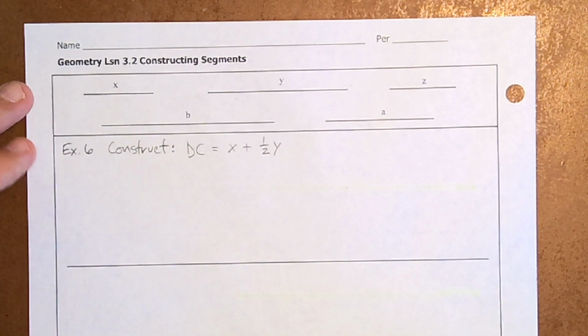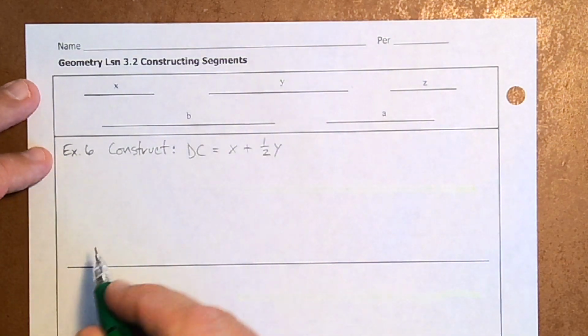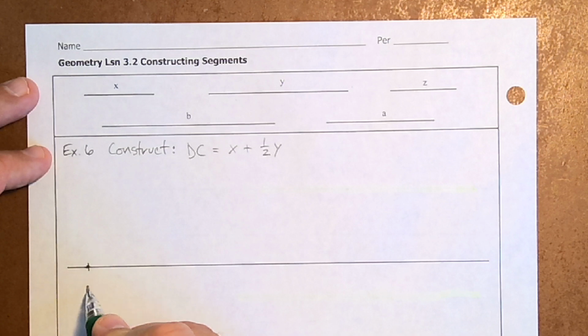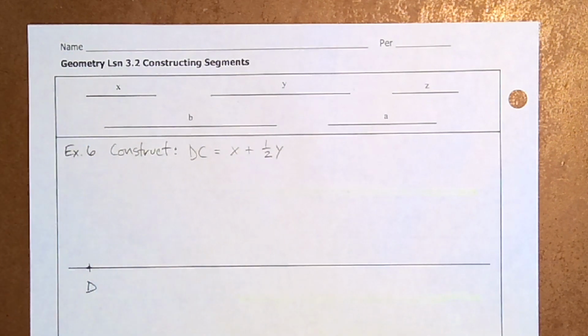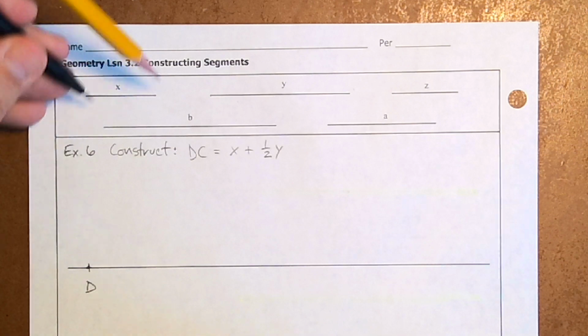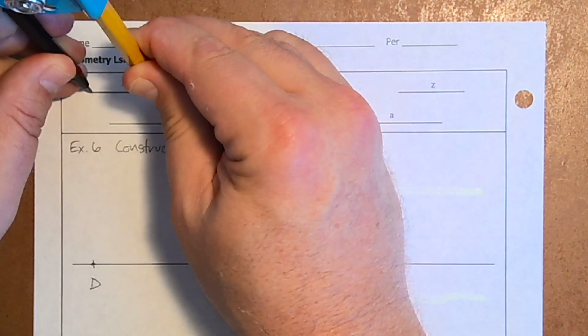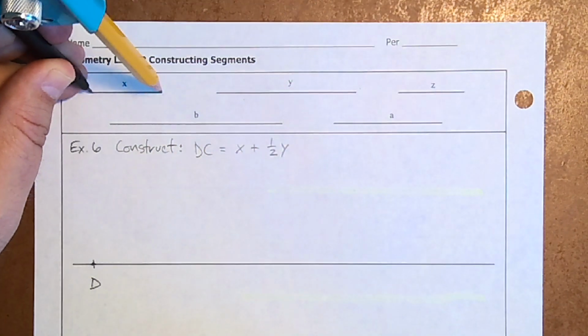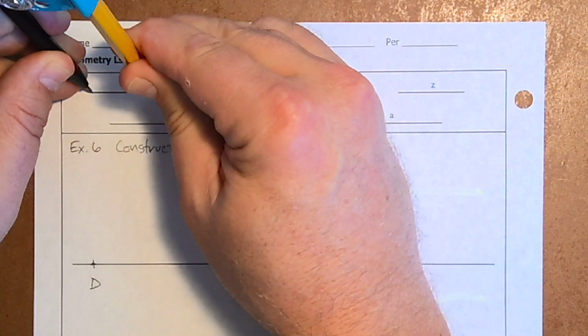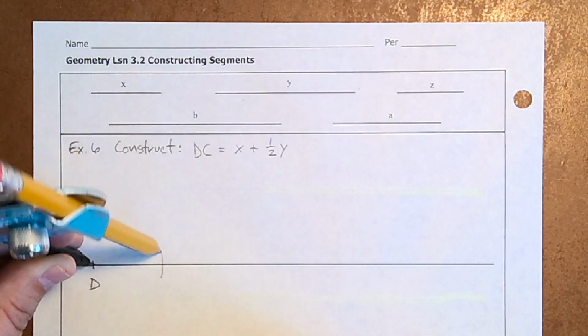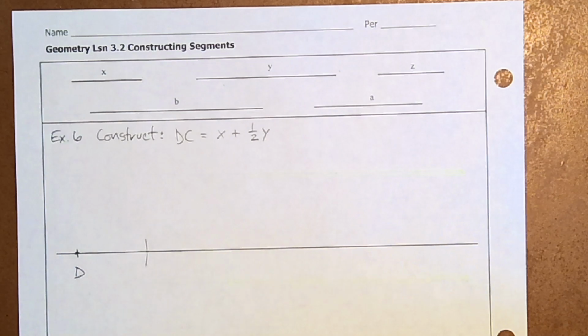But let's do this. Let's start with our point here. And we'll just start down here. And let's do our point D. And let's get our X piece, because we know we need that. That's going to be the first piece of what we need. So let's just get our X measurement marked off. And we'll label that.